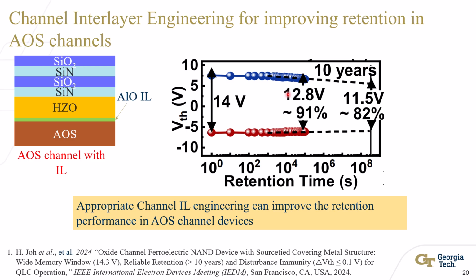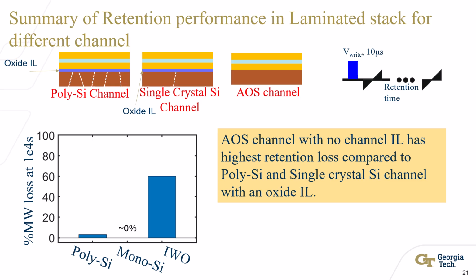But again, adding a channel interlayer can affect the memory window performance because of the reasons which I mentioned in my previous slides. So the summary of retention performance in laminated oxide stack is as follows. Polysilicon and single crystal silicon channel have significantly low memory window loss at 10,000 seconds.